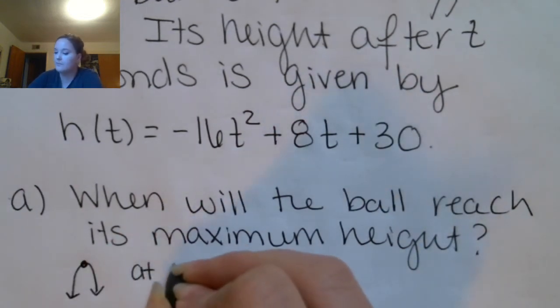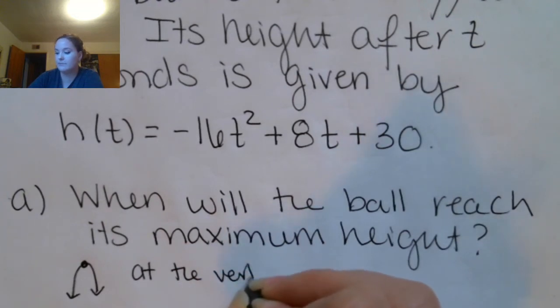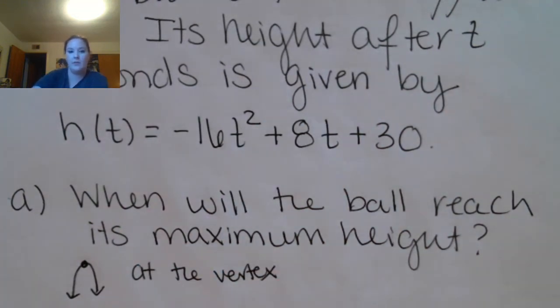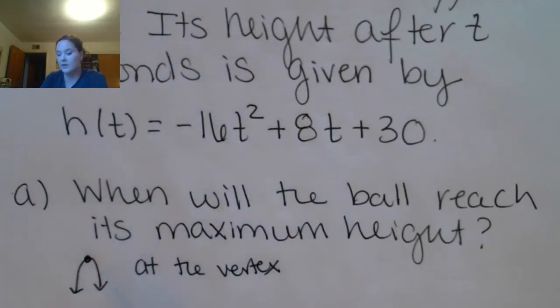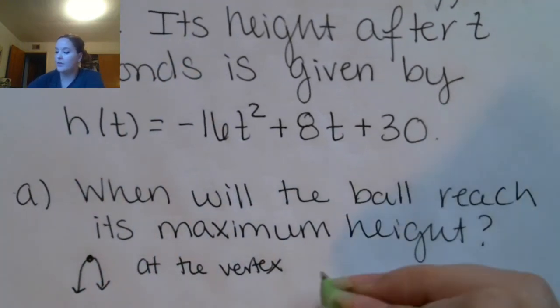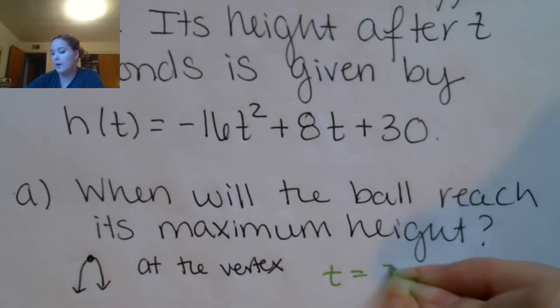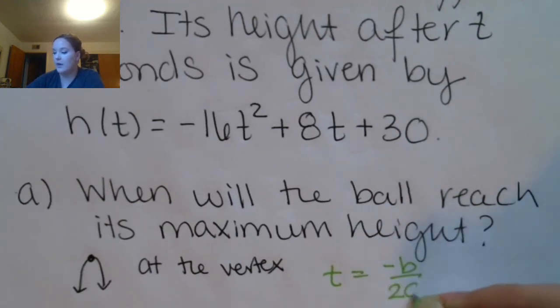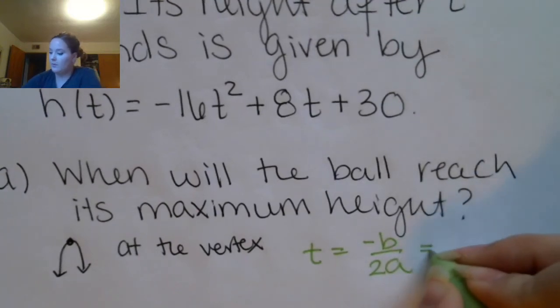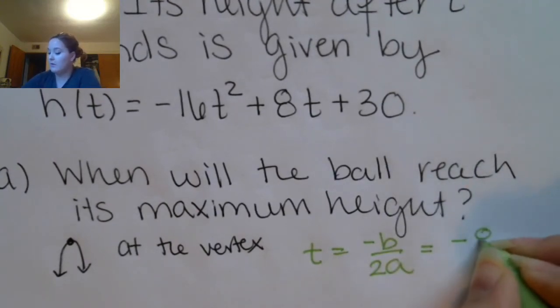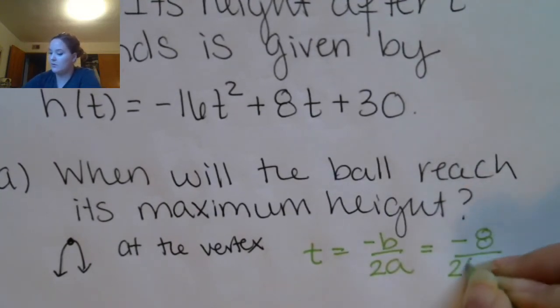We're going to find this vertex using the formula minus b over 2a.